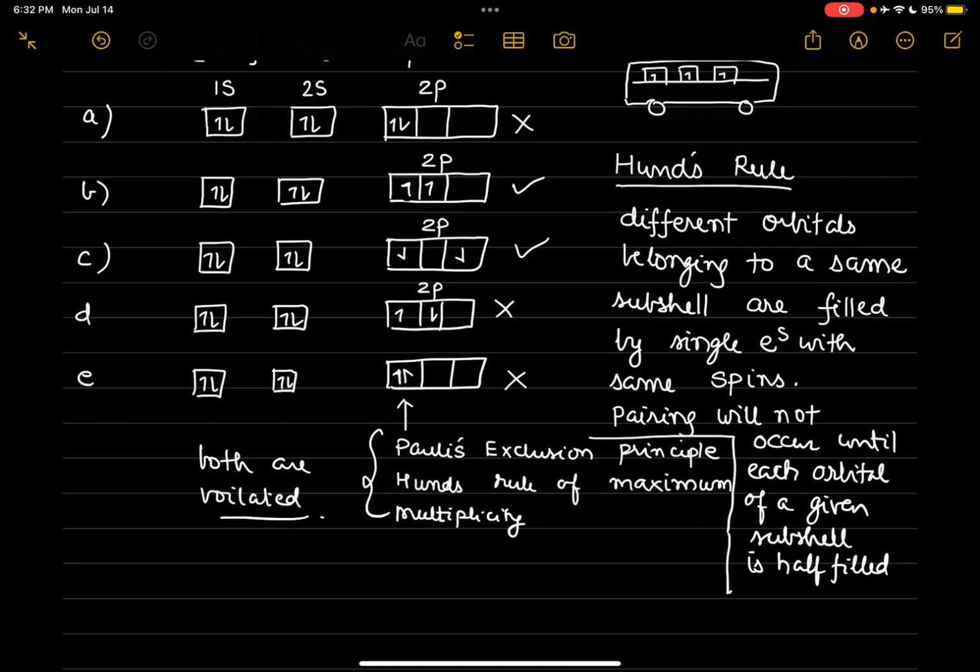Pairing will not occur until each orbital is occupied by one electron. Once all the orbitals have one electron, then you will think of pairing. And if you have more electrons, then you will go for pairing.